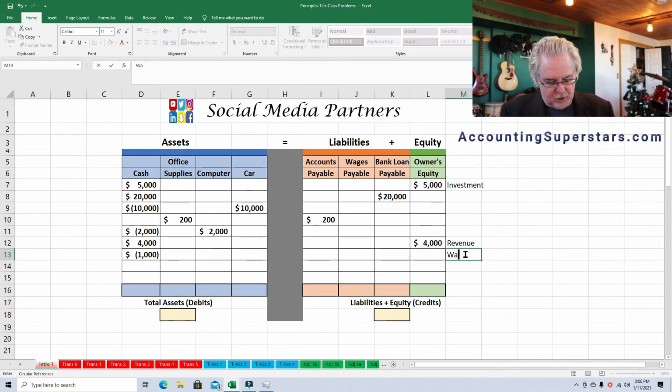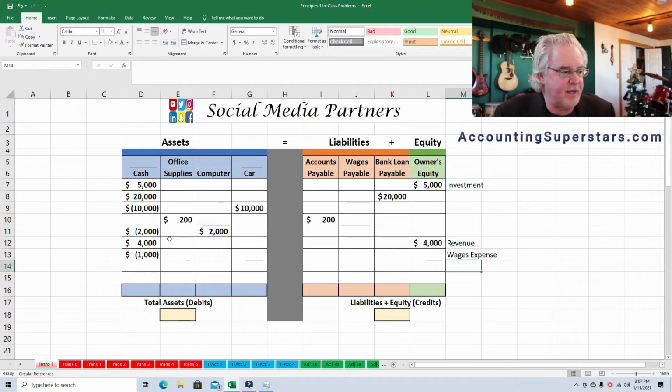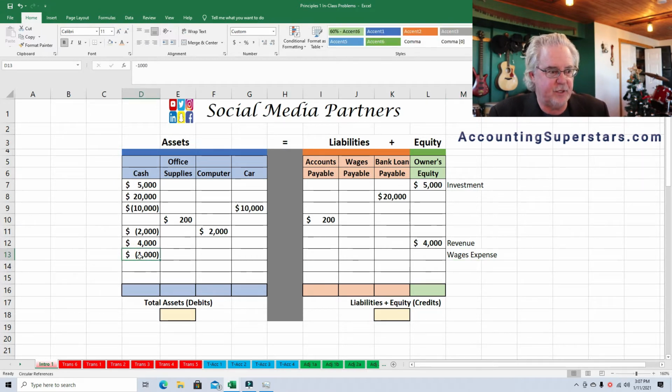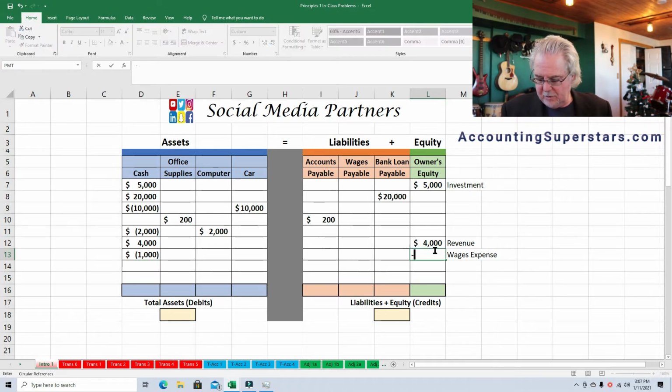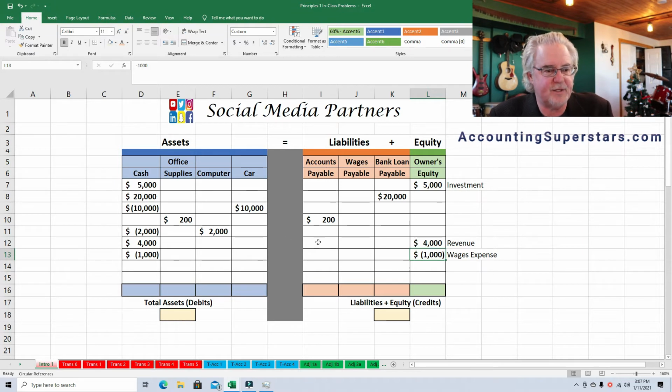So we'll call this wages expense. Now we've got a negative 1,000 on the left. So to make this left and right balance, I need to have a negative 1,000 on the right. So negative 1,000, negative 1,000.